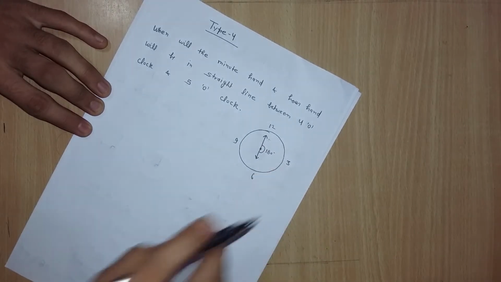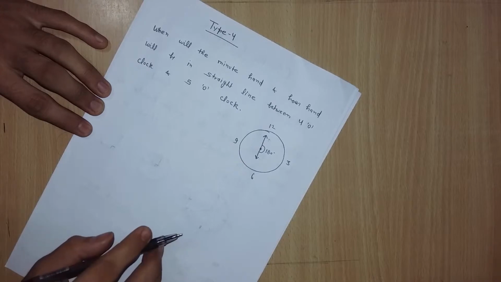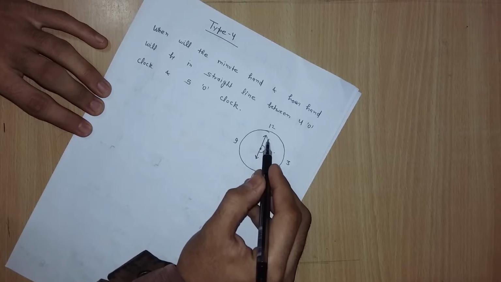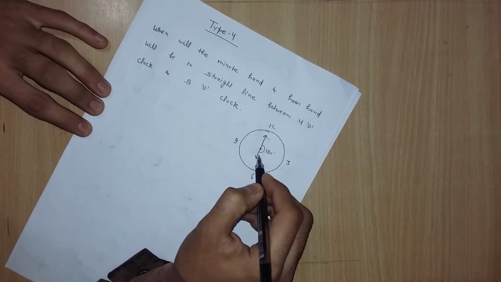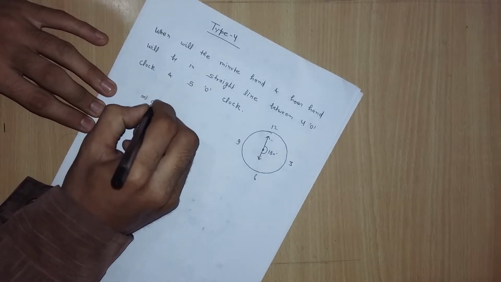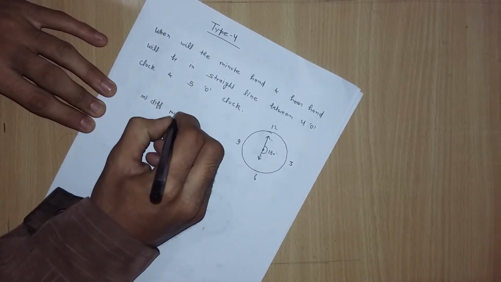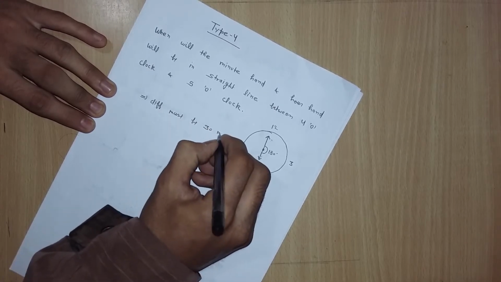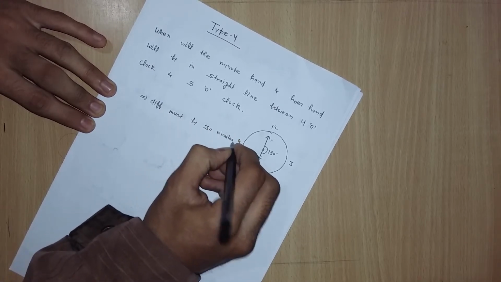So the minute hand and hour hand will be in a straight line when the difference between the minute hand and hour hand is 30 minutes. We can say that the difference must be 30 minutes.